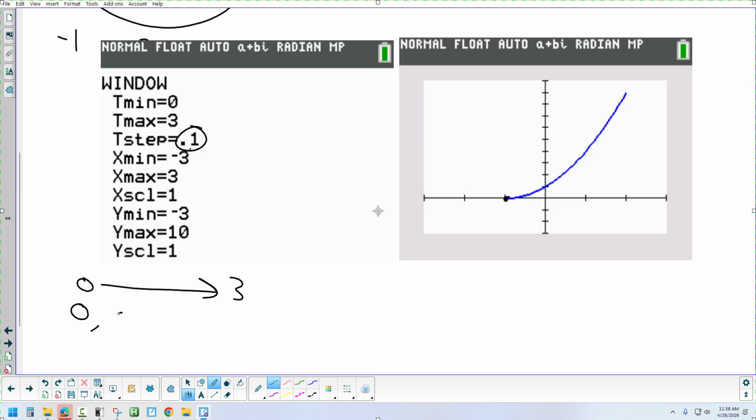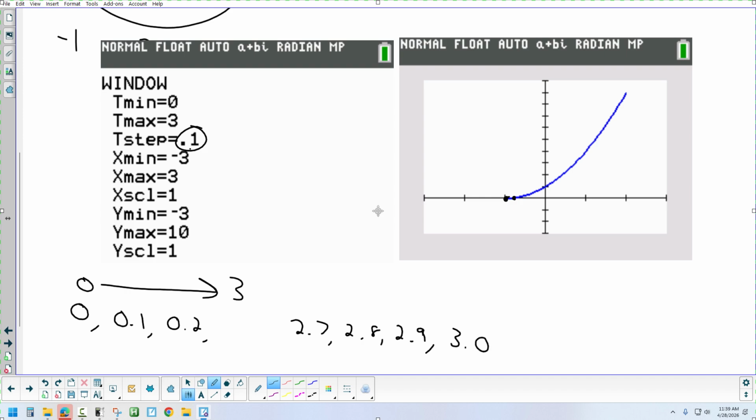Then it's going to plug in 0.1 into the formula, and it's going to plot another point. Then it's going to plug in 0.2, 0.3, 0.4, 0.5, 0.6, all the way till you get to 2.7, 2.8, 2.9, and then it gets to 3, and it stops.